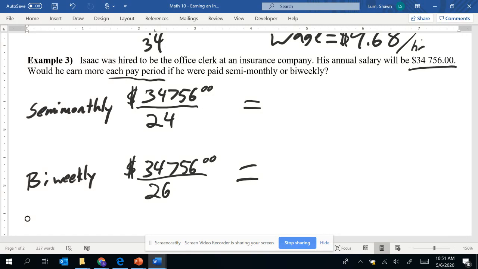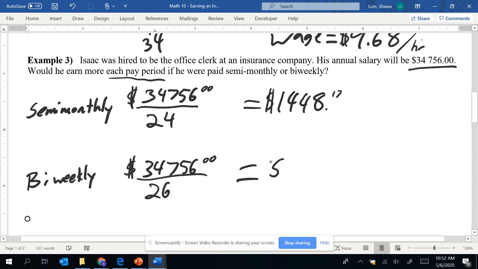But if we want to actually know, so 34,756 divided by 24 equals, we get $1,448, and I get 16.66 cents, or in other words, we can just say 17 cents. And same thing, 34,756, but this time over 26 pay periods.